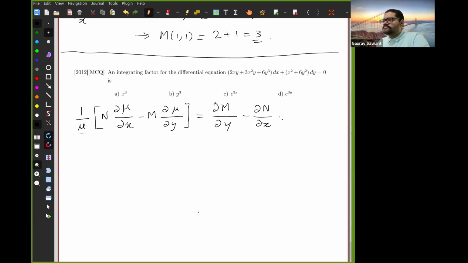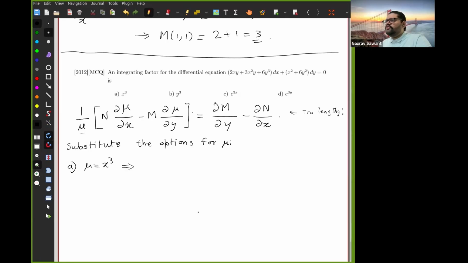So we'll just substitute the options for mu. Let's see what happens in all these cases. So mu is equal to x cube. That was the first option.